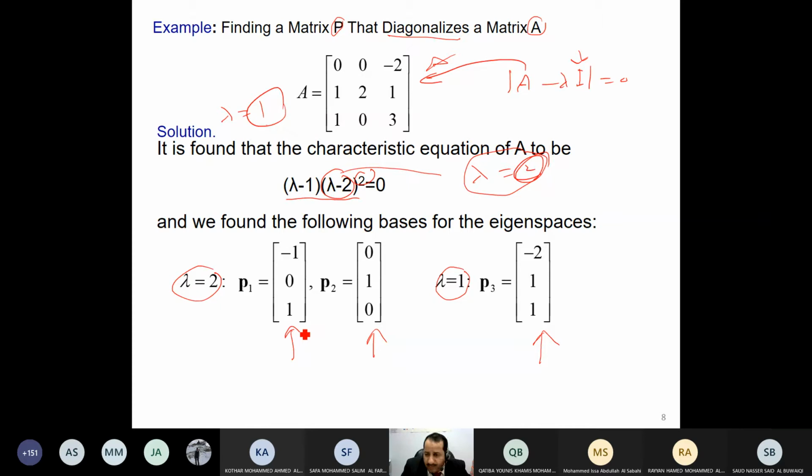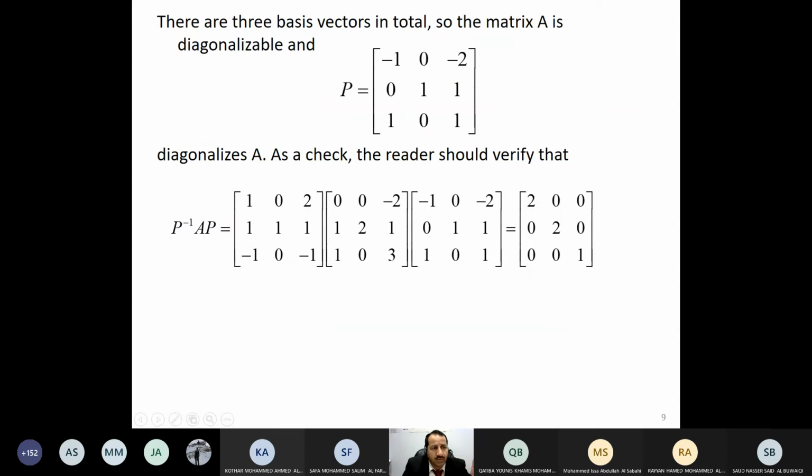Now, if I put this eigenvector with this one and this one together in this way, we get a matrix P which contains these eigenvectors. This is the matrix which diagonalizes matrix A.